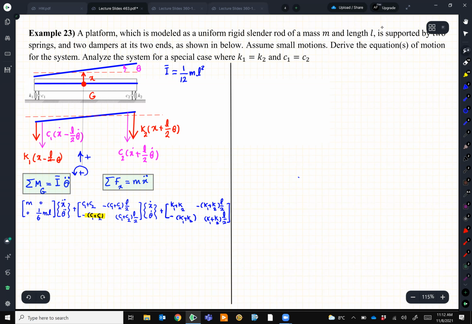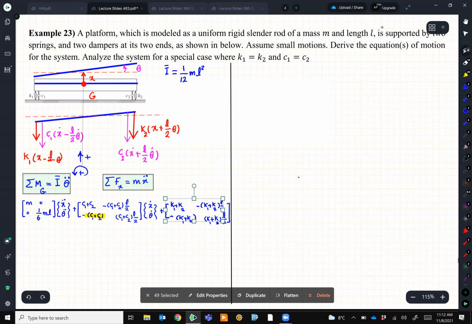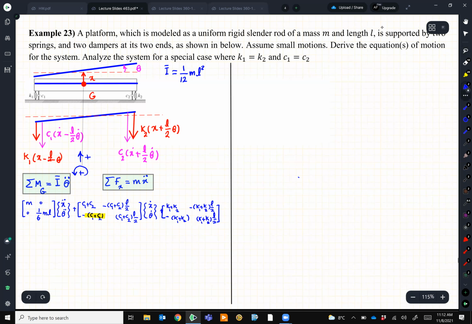That's correct. And I have x and theta equal to 0. So that's my equations of motion for this system. Please try to write the equations and simplify; you will get to the same matrices, hopefully, if I haven't made any mistakes.